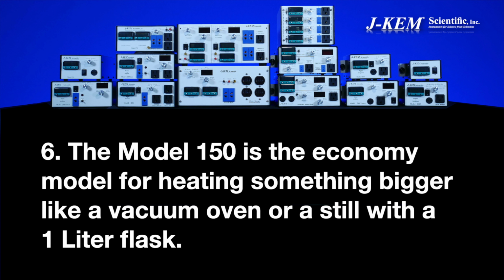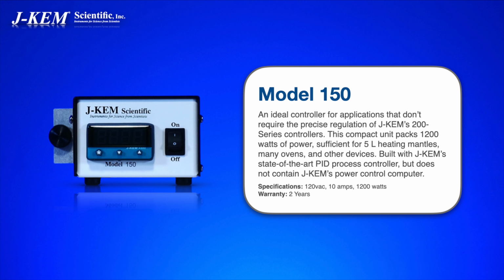But there's a lot of chemists who do work on 1 liter and above, or a vacuum oven, or a hot plate, or a larger device. And when you're on those larger devices, then you don't necessarily need the sophistication of our power control computer. You just need a good PID controller. And that's what our Model 150 is.